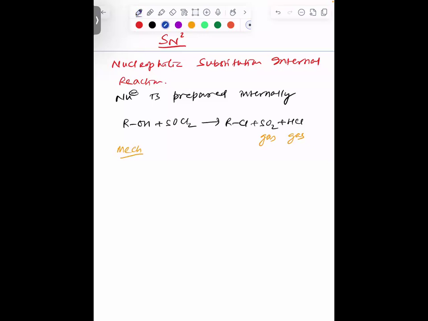Okay. So now we are going to discuss the mechanism. Alcohol contains a lone pair. This will attack the thionyl chloride. So this is ROH, S, O minus, chlorine.